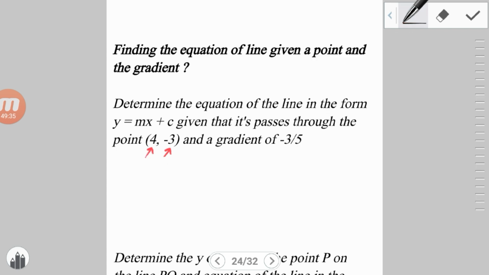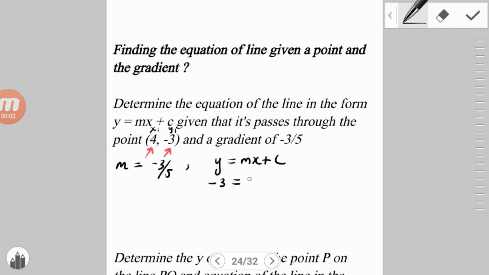We end up with M being told to us to be minus 3/5. So that's good for us. So we're just going to proceed now to go into y equal mx plus c. And we are told what x and y is here, so it's easier working out. So this is x1, y1. So y is minus 3.